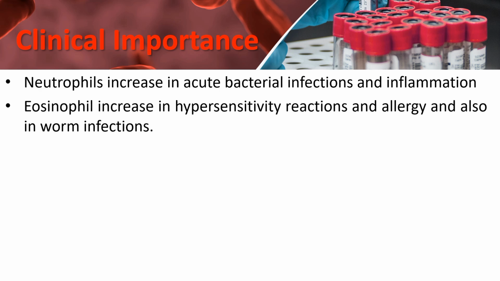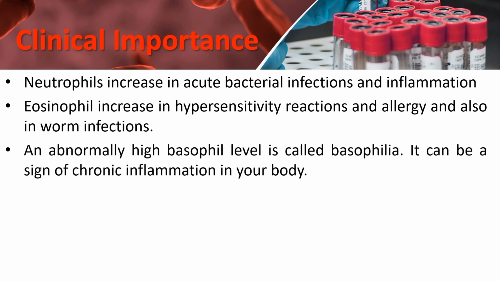An abnormally high level of basophils is called basophilia. It can be a sign of chronic inflammation in your body. It can be caused by infections, severe allergies, or an overactive thyroid gland.